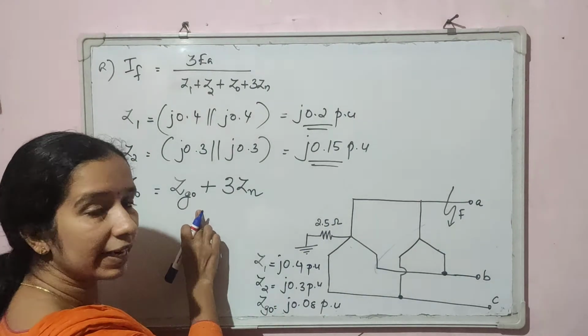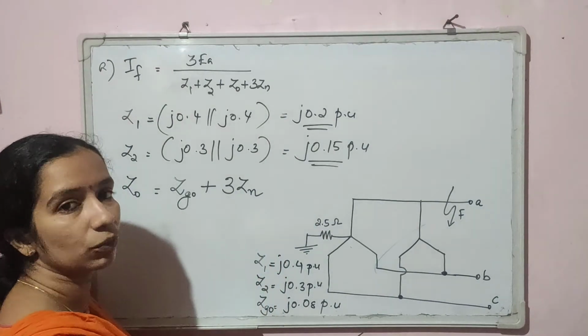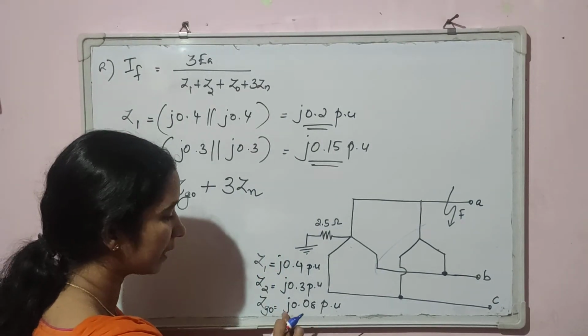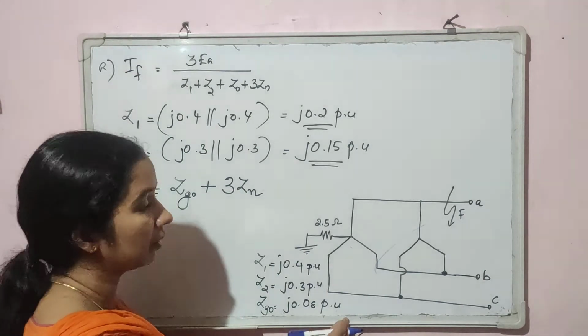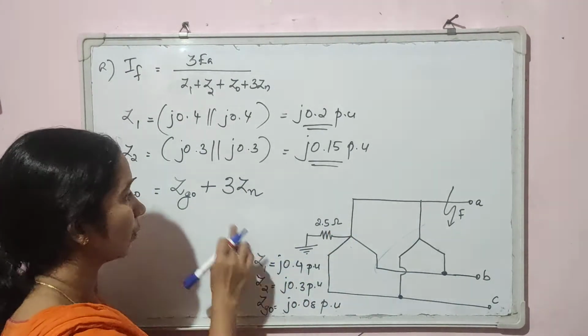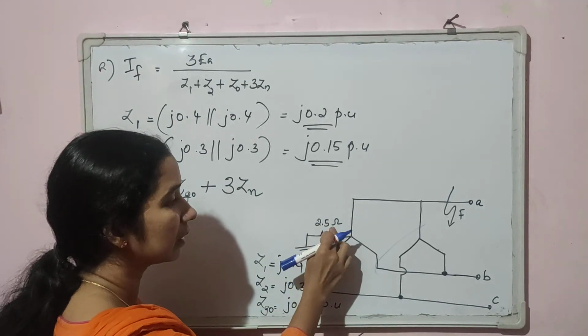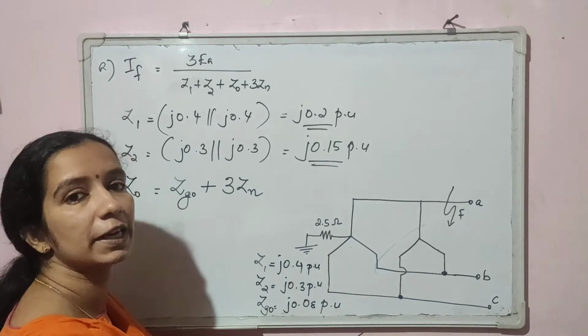Now we have to add 3 times the neutral grounding resistance to Zg0. Here we have Zg0 in per unit, but the neutral grounding resistance is given in ohm. So to add these two values, we have to convert this 2.5 ohm into per unit.